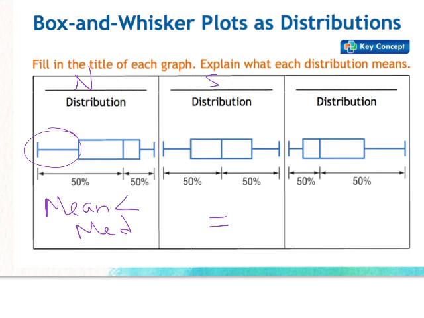Here the data is skewed to the right, and that's where the tail is, so it's positively skewed, and the median is smaller than the mean. Once again, you may have to pause, draw it, sketch it out.